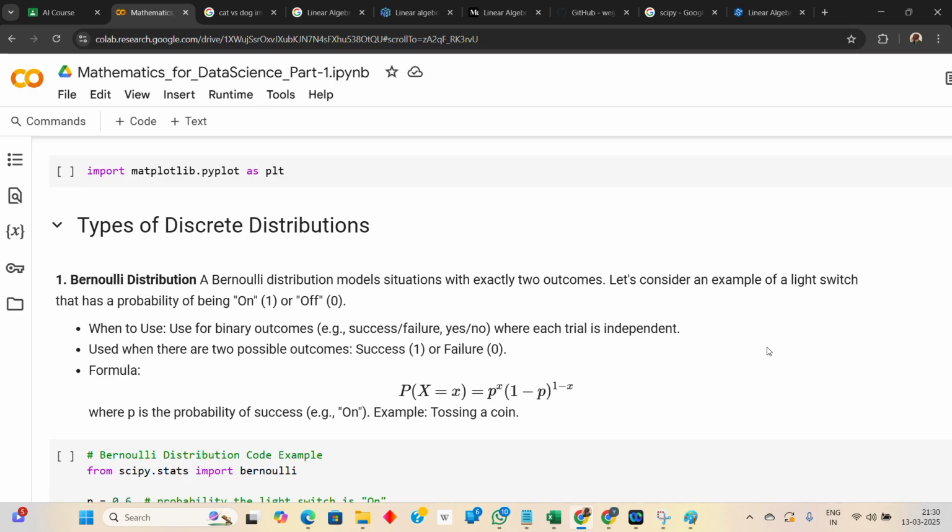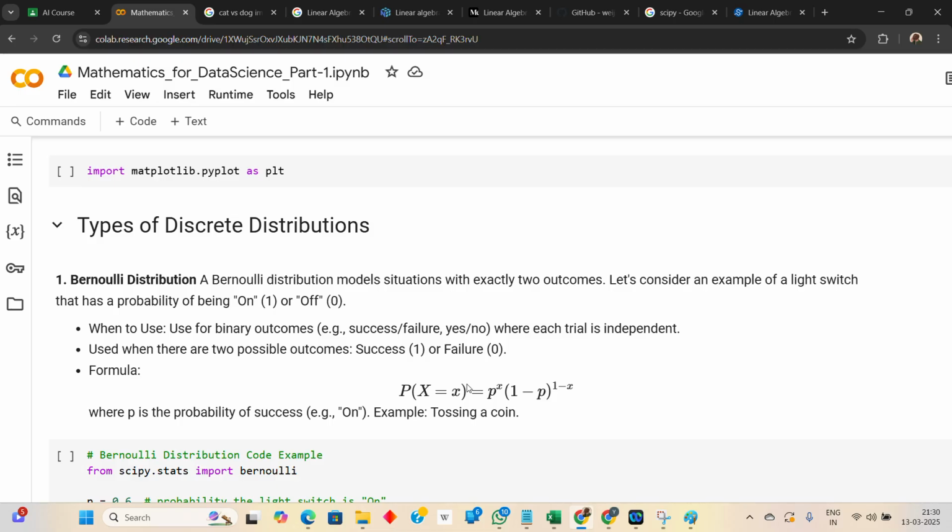Okay, so there are types in discrete distribution. The first type is Bernoulli distribution. Bernoulli means you have only two values in your sample space. An example is tossing a coin.